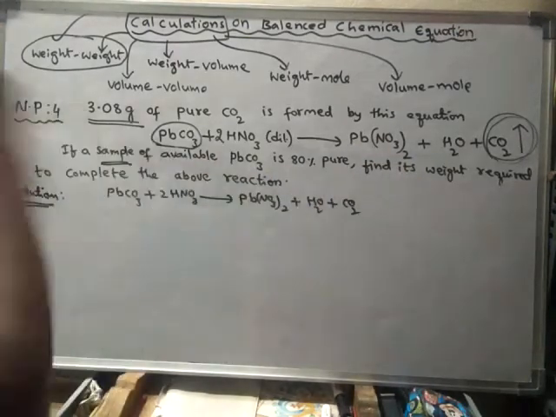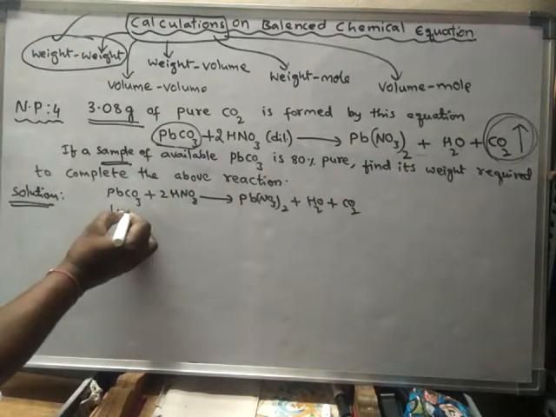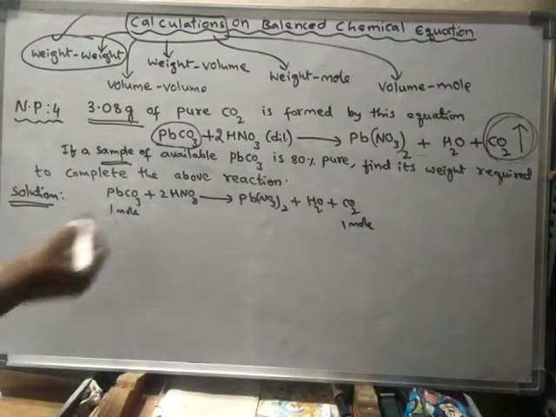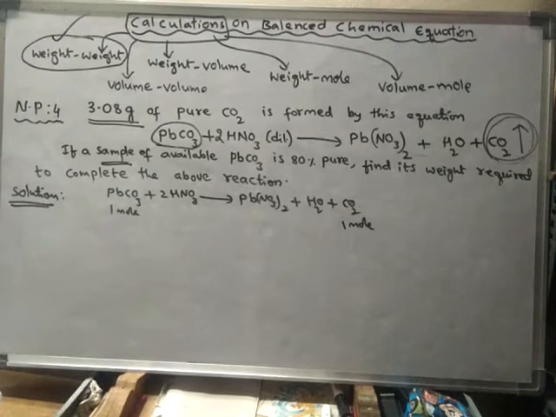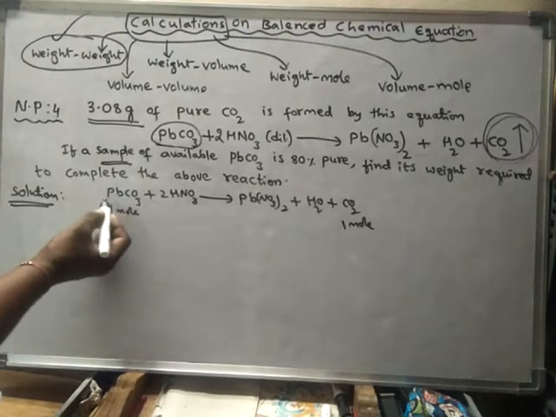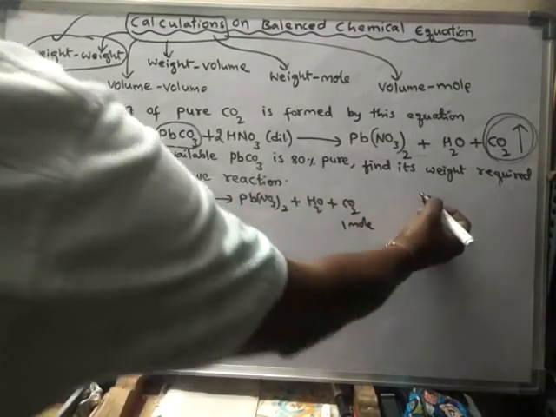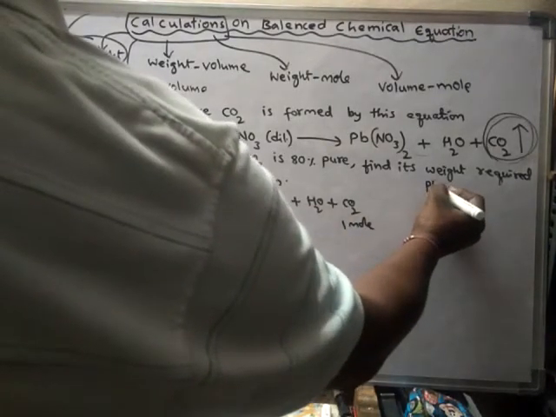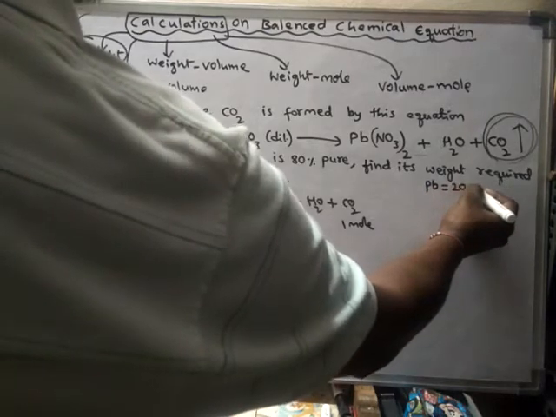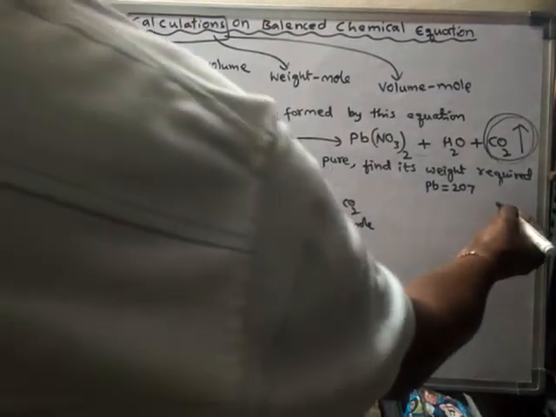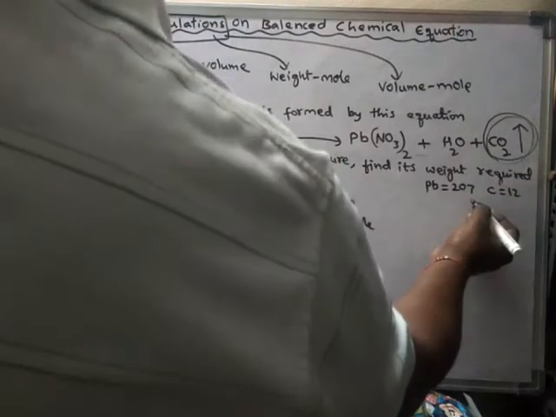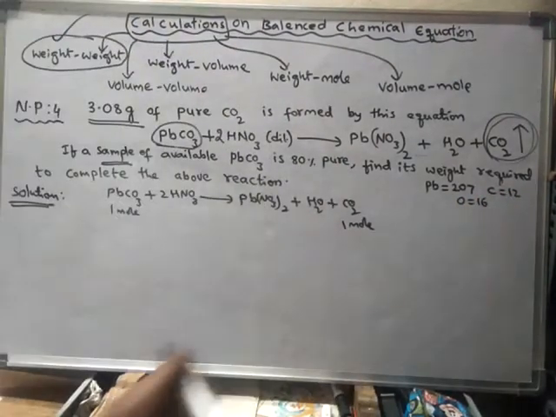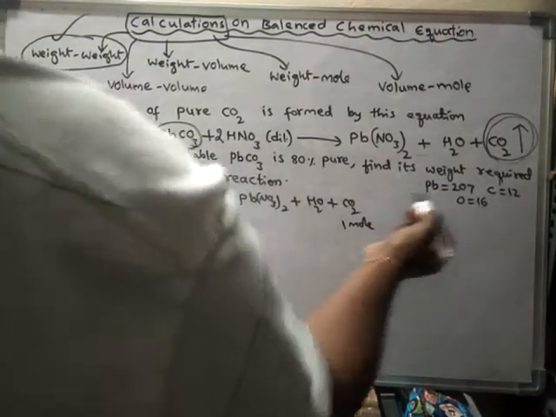According to this equation, 1 mole of lead carbonate is producing 1 mole of carbon dioxide. What is the weight of 1 mole of lead carbonate? The atomic masses of these elements are also given in the data. Lead is 207, carbon we know is 12, and oxygen is 16. It is better to remember the atomic mass of lead.